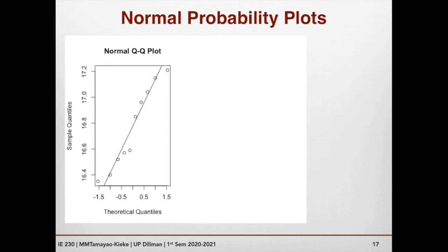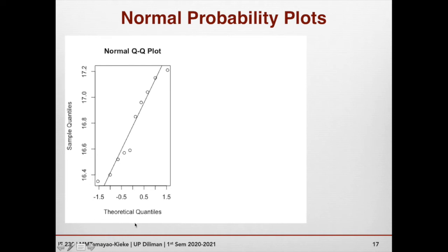Okay, so let's go back to the discussion of the normal probability plot, which is a very useful tool in checking or verifying the normality assumption. A normal probability plot, as shown here, shows the sample quantiles on the y-axis plotted against the theoretical quantiles on the x-axis.